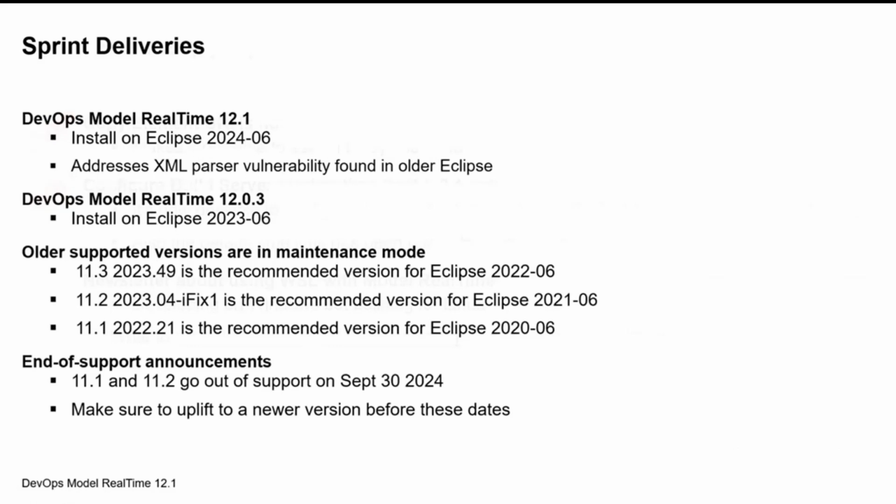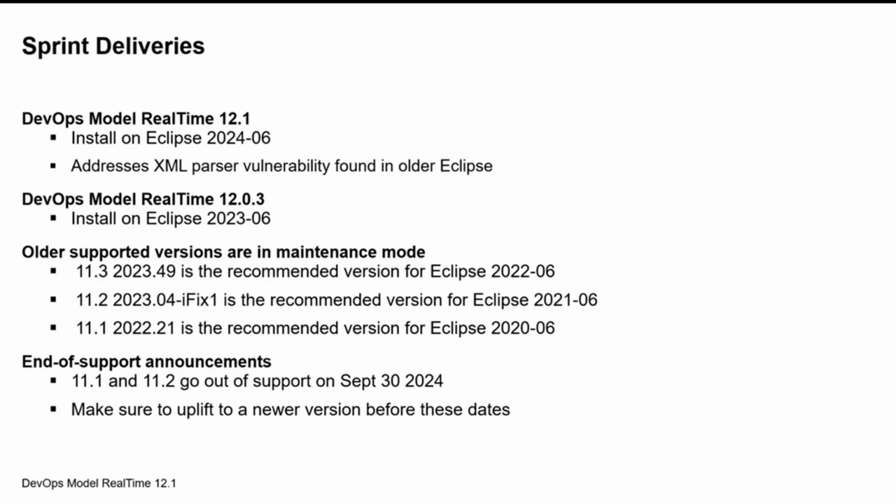To summarize the deliveries, we are shipping Model RealTime 12.1 for use with Eclipse 2024-06. One reason why we did it so quickly this time is partly because there was an XML parser vulnerability in older Eclipse that was not fixed until 2024-06, or at least we couldn't adopt it until then.